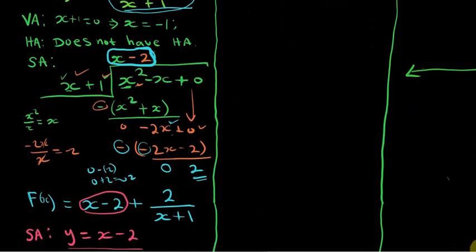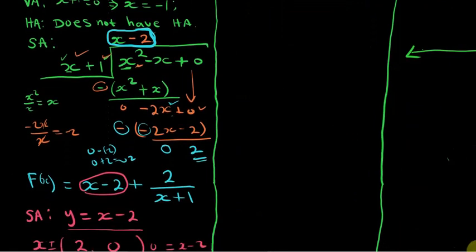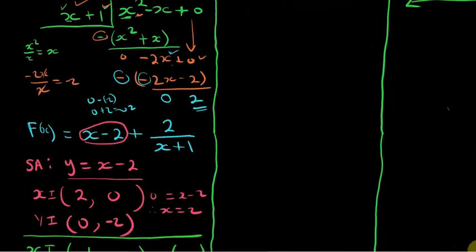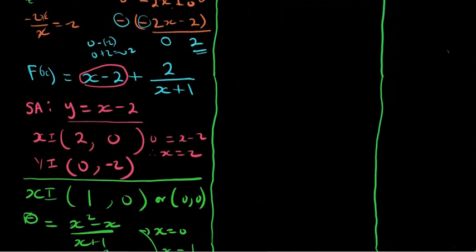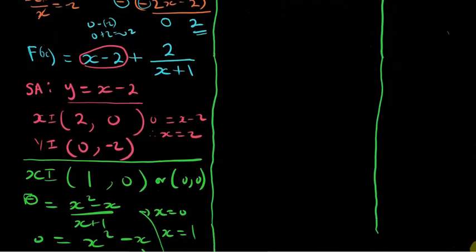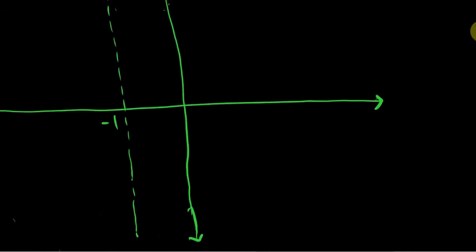No horizontal asymptote. We have instead a slanted asymptote at y equals x minus 2. So I'm going to plot the equation for the slanted asymptote, which is y equals x minus 2.